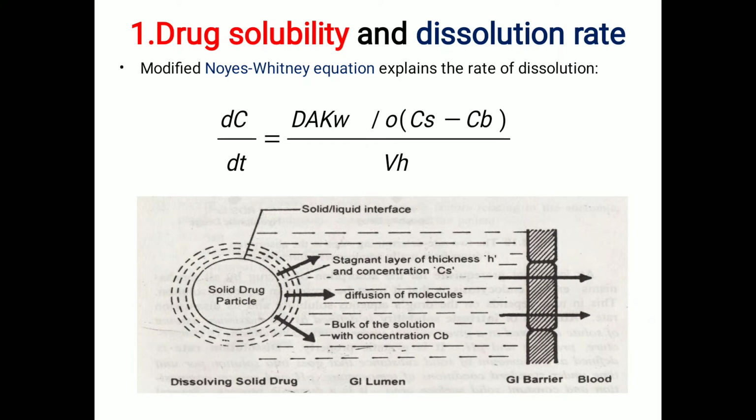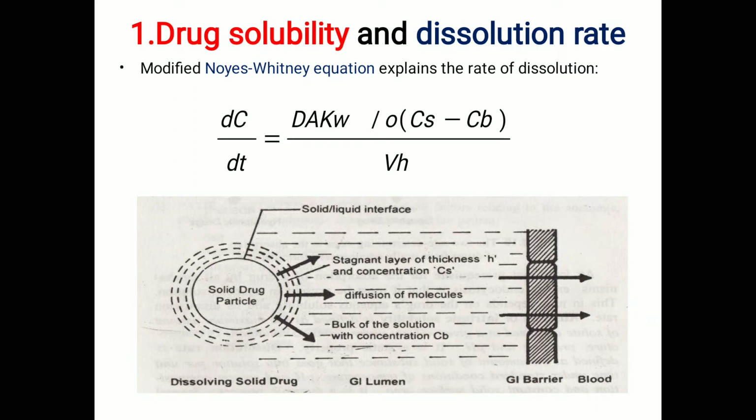Then the next component is Kw/o, the water-oil partition coefficient. The higher the value, the more the coefficient of drug and its hydrophilicity, and therefore the faster is the dissolution of drug into the aqueous GI fluid. The next important factor is Cs minus Cb. Here in the figure you can see there are two concentration terms, Cs and Cb.